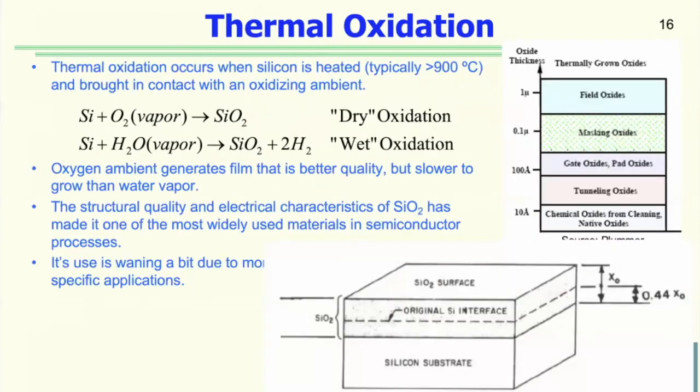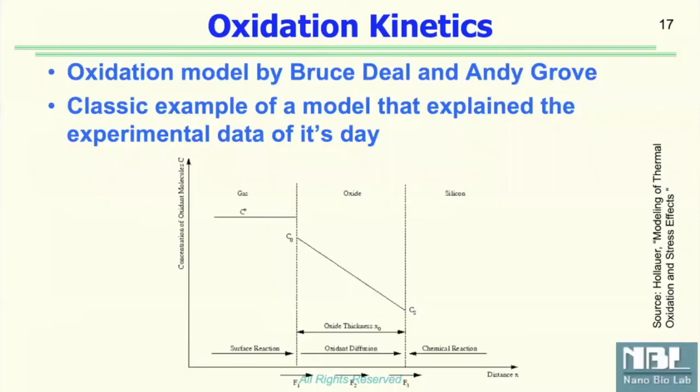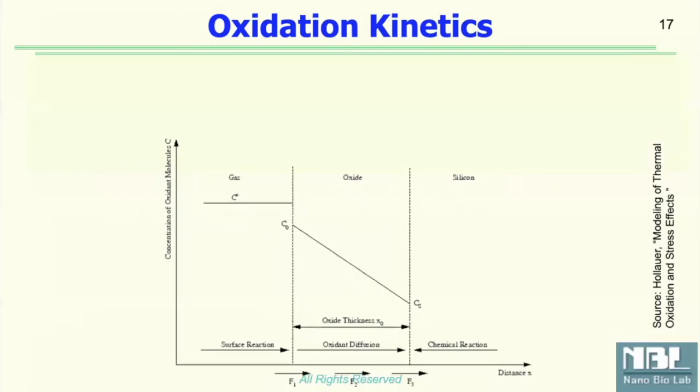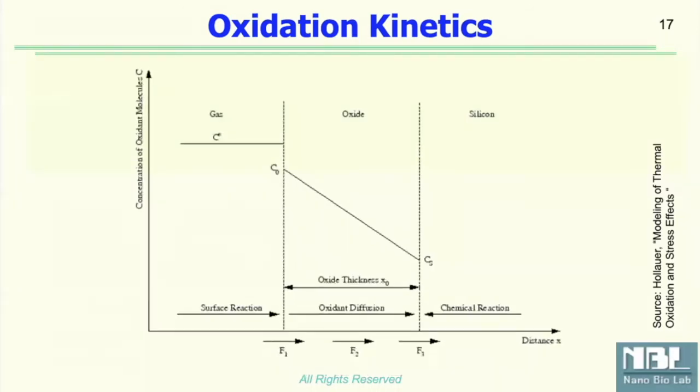Essentially, there are three basic components of that reaction of oxygen. If we start from the left, the oxygen species comes in, encounters the existing oxide, which has already been grown before. Now it has to diffuse through.